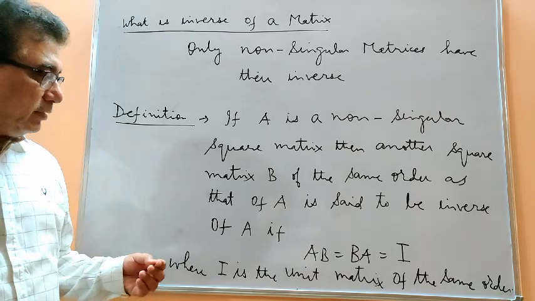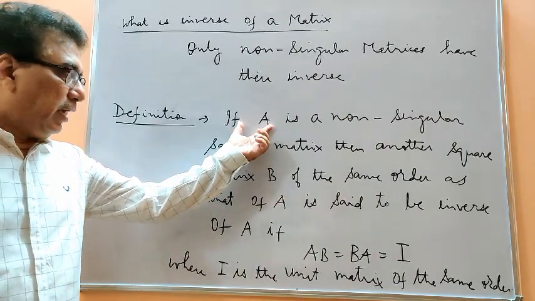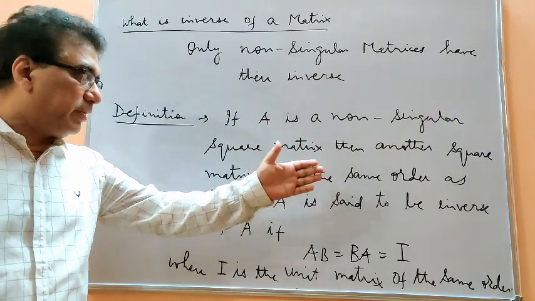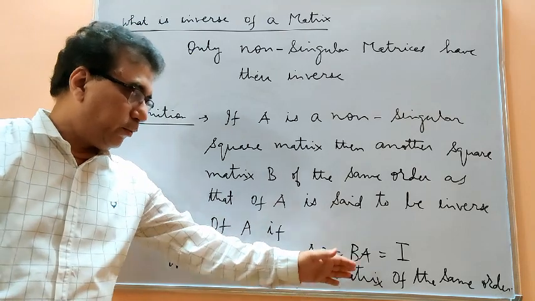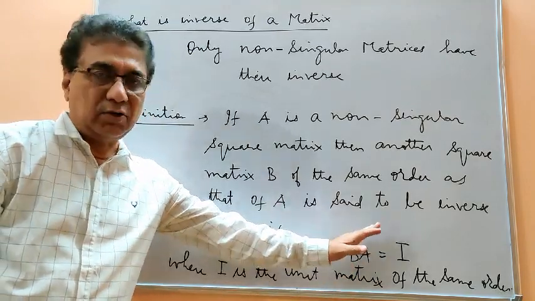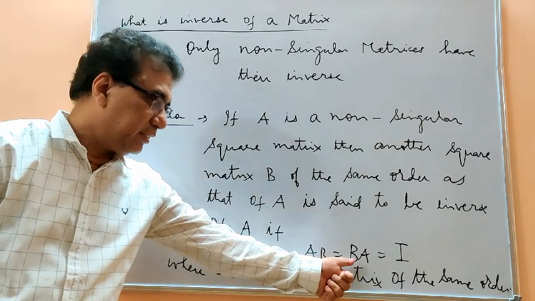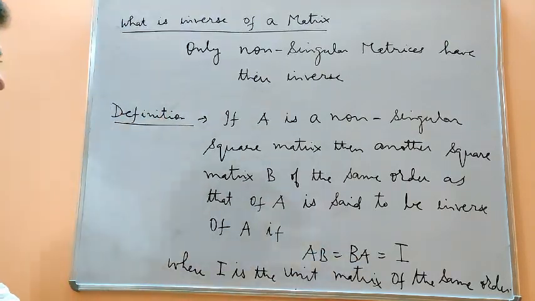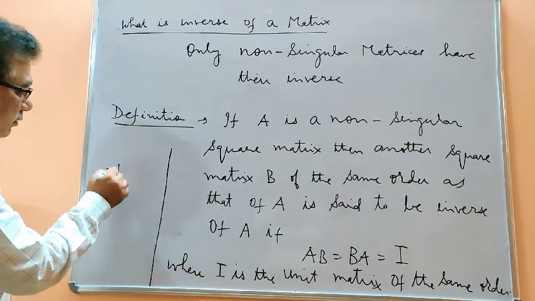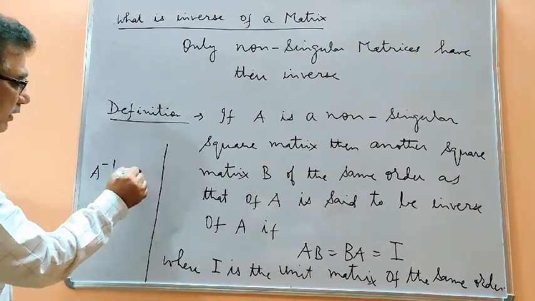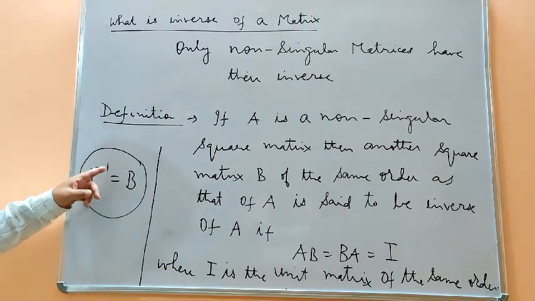So what you find is that if we go for inverse of any matrix and after getting it, if we multiply that matrix with A, whether pre-multiply or post-multiply, the result is always identity matrix. So B will be known as A inverse and it will be written like this: A inverse is equal to B. Okay, so this is the symbol for inverse, A to the power minus 1.